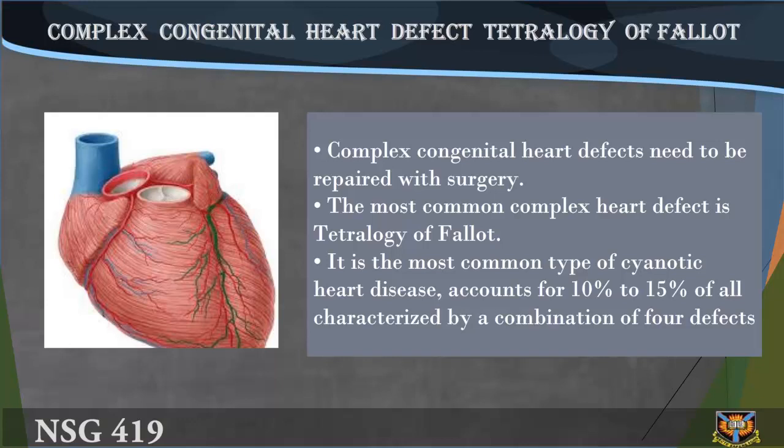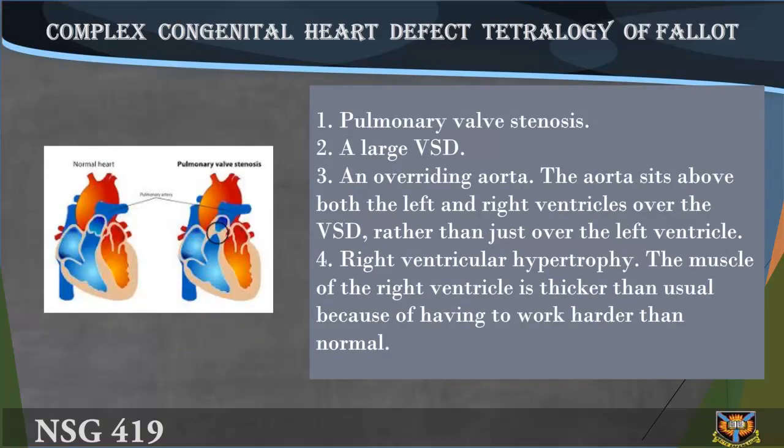Complex congenital heart defects need to be repaired with surgery. The most common complex heart defect is tetralogy of Fallot. It is the most common type of cyanotic heart disease, accounts for 10% to 15% of all congenital heart defects, and is characterized by a combination of 4 defects. 1. Pulmonary valve stenosis. 2. A large VSD. 3.